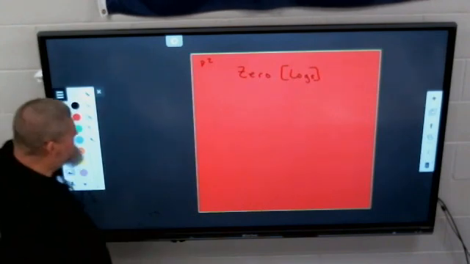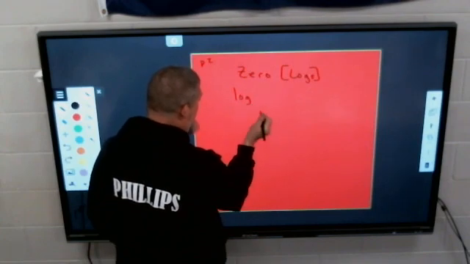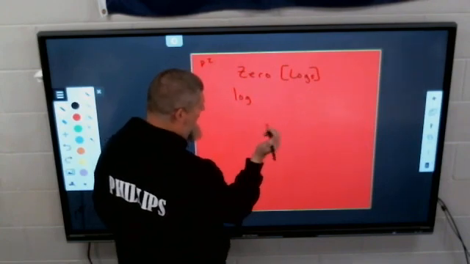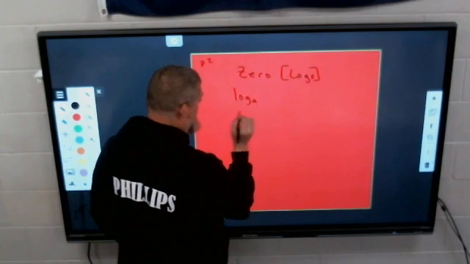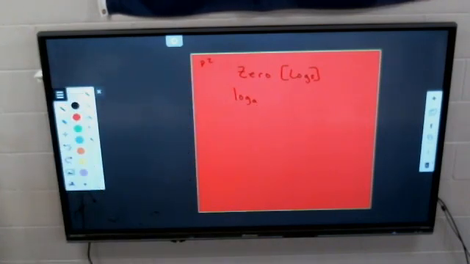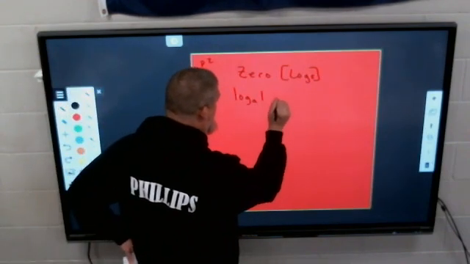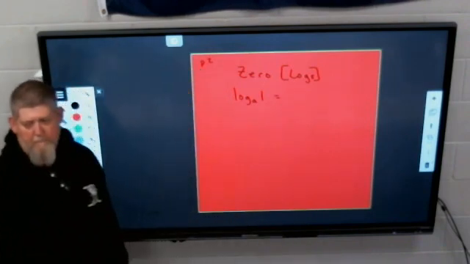So it would look like this. I would have log to any base A of 1. It's going to be equal to what?